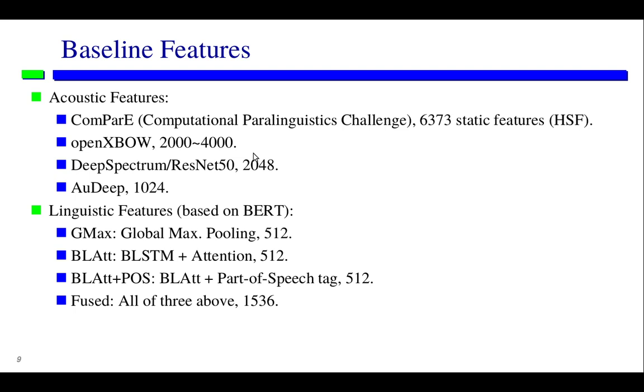And they also use features from deep learning using DeepSpectrum. The size is 2000 dimensional, and finally they use AuDeep using 1000 dimensional features. And for the linguistic features, they use, I think, the newest one, word vectors from BERT from Google, but they use different configurations.